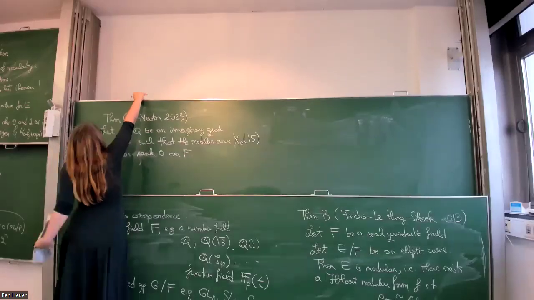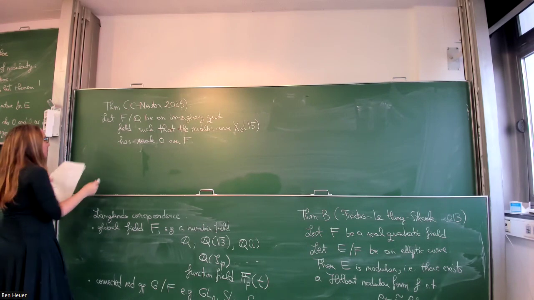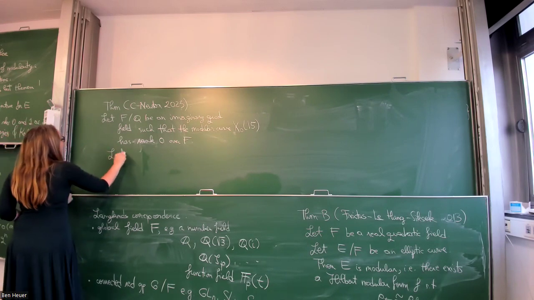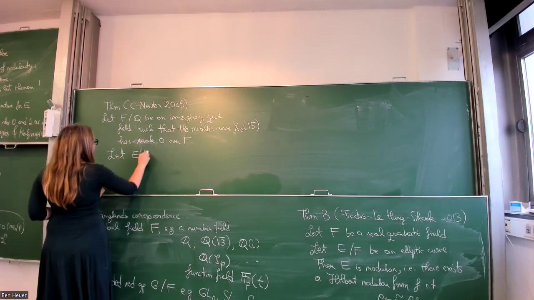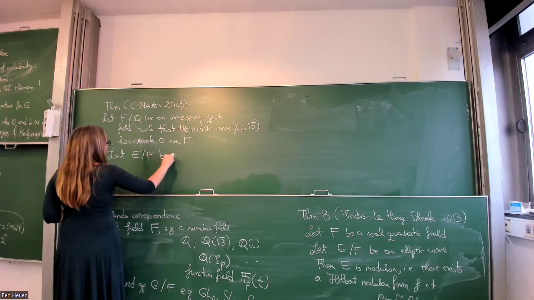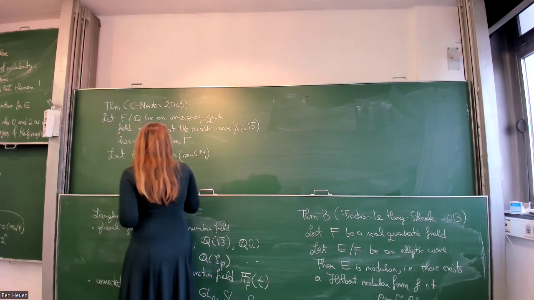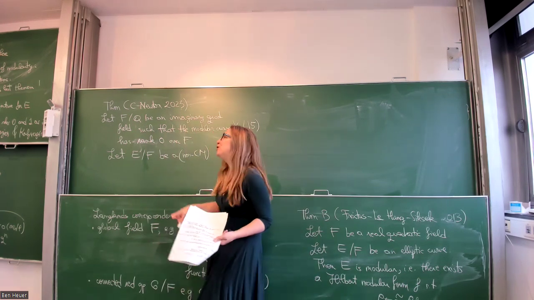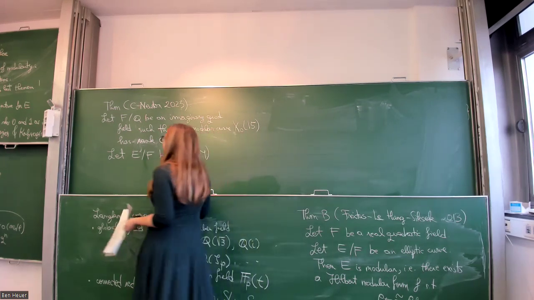So I have this condition here. And then if I have a field that does satisfy this, and if I have an elliptic curve over it, and in this case, I have to assume it doesn't have complex multiplication, but the case of complex multiplication is easy anyway.